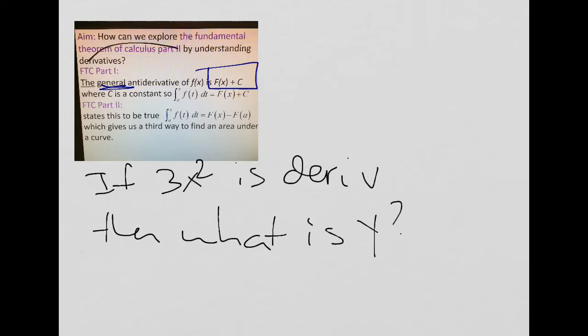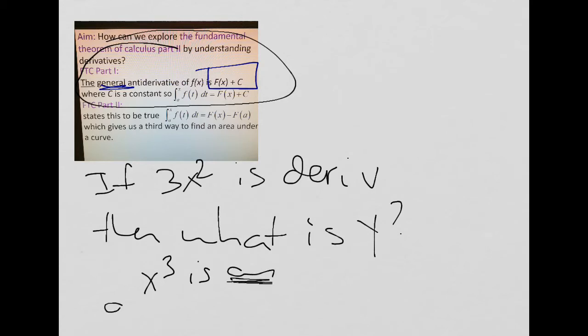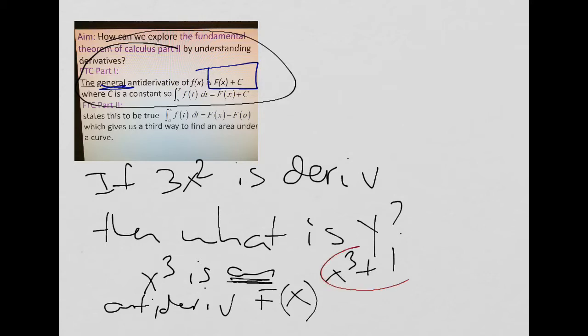And that kind of explains what is being described here. So x cubed is an antiderivative. Many kids say this is what capital F of x is. But x cubed plus 1 is also an answer. Because if we take the derivative of x cubed plus 1, we get 3x squared.